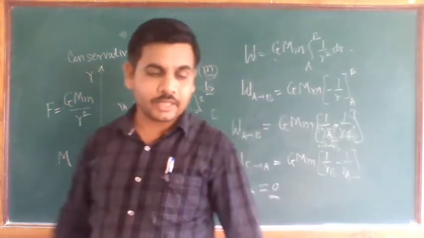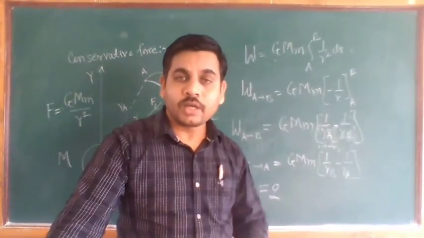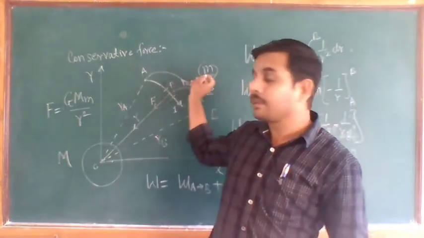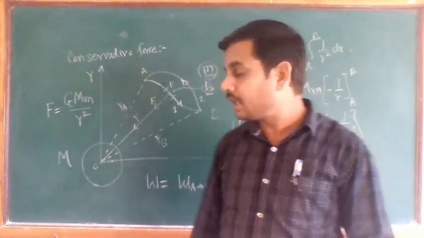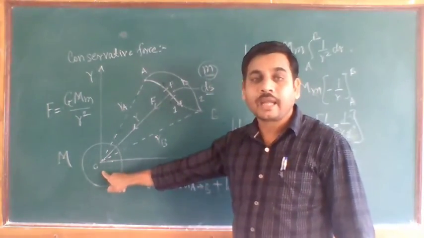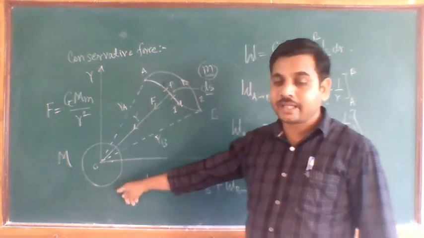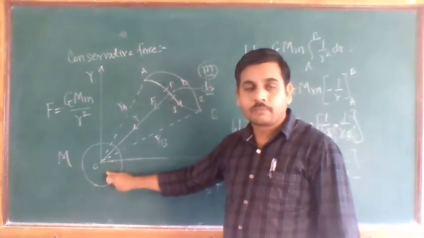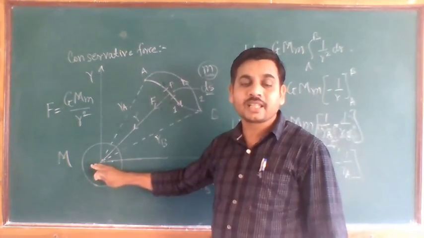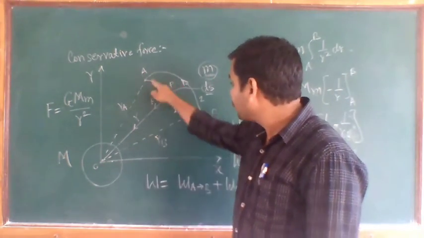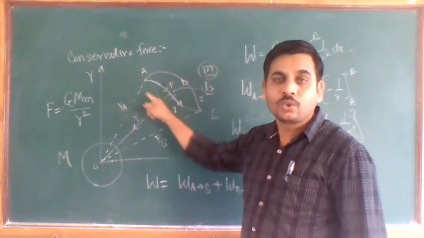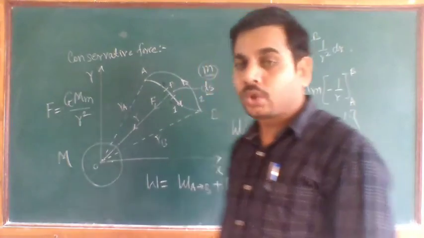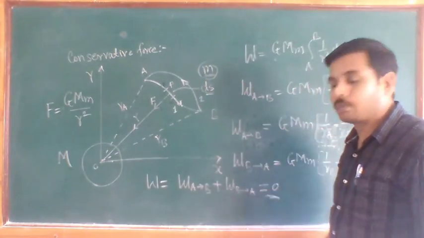So again we can say that the work done on a moving object of mass m under the effect of the body of mass M, that is, under the gravitational force, along the closed loop or round trip journey, is 0.